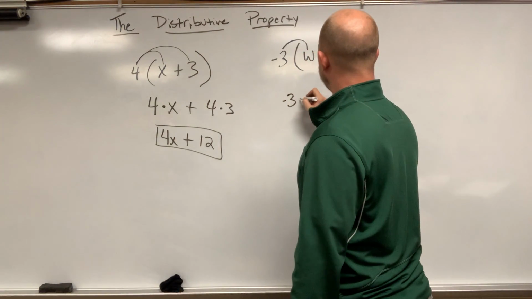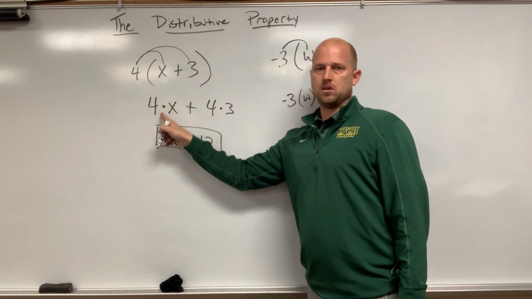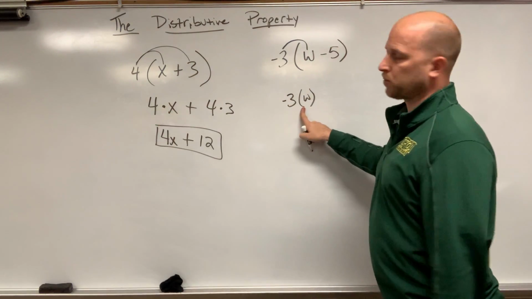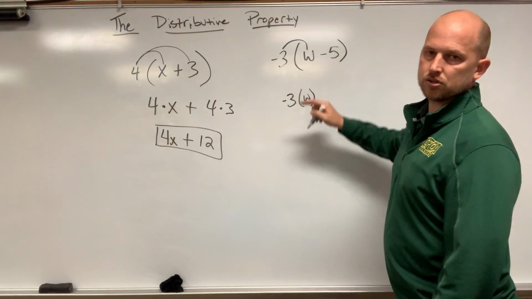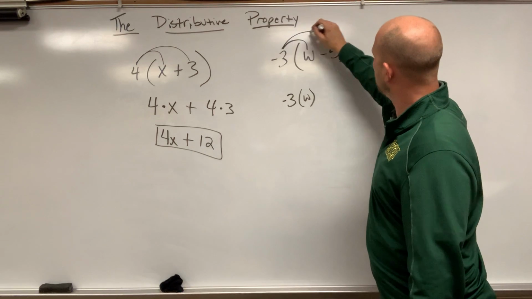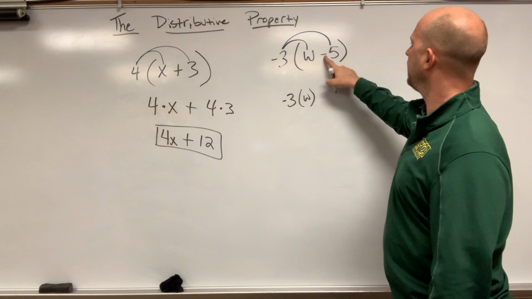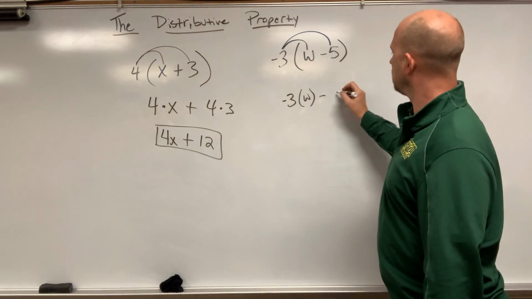So -3. Now what I'm going to do is switch up from the little multiplication dots and put parentheses. When you start getting the negatives, you'll see why it gets kind of crazy. So -3 times W. Now the sign you want to put here is up to you. I'm just going to put that minus.